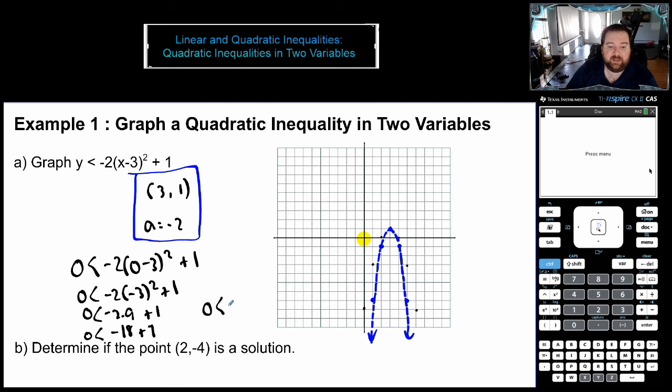So is 0 less than negative 17? No, it's certainly not, which means that our solution region must be the inside. So we're going to shade the inside. And there we go. Problem achieved.